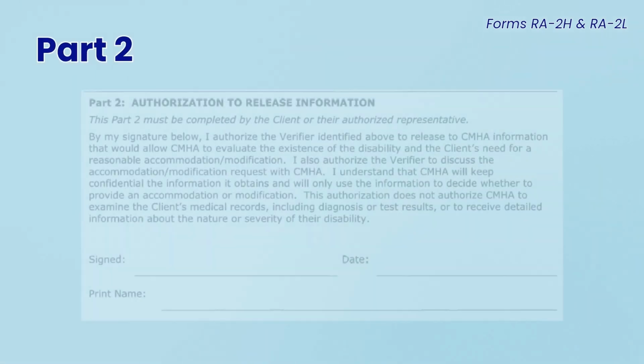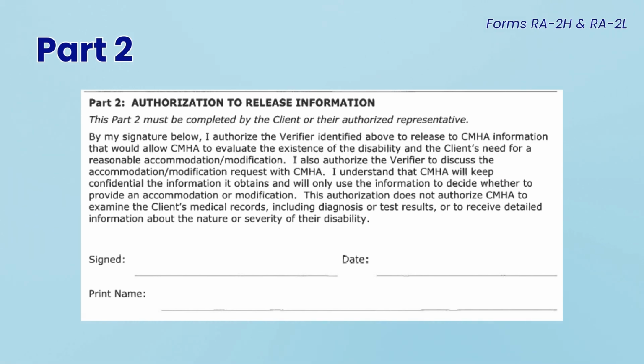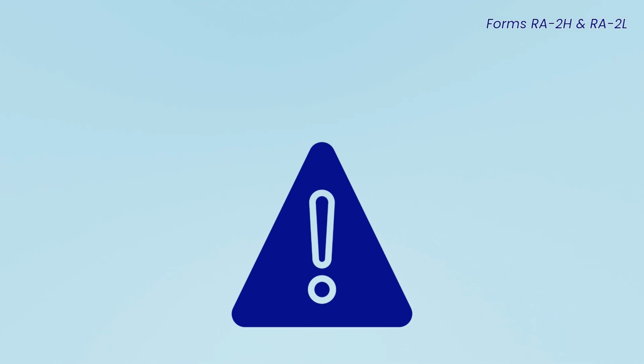Part 2 is where the client, or their authorized representative, authorizes the verifier to release information to CMHA. This allows CMHA to evaluate the existence of the disability and the need for the accommodation or modification. It is important to understand that this authorization does not allow CMHA to access the client's medical records, including diagnosis or test results.